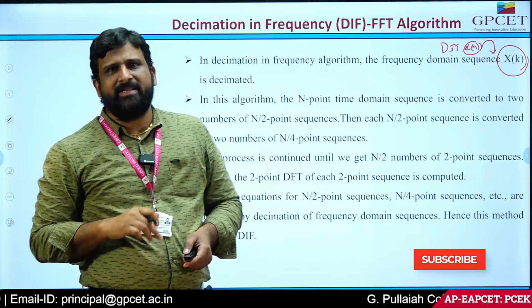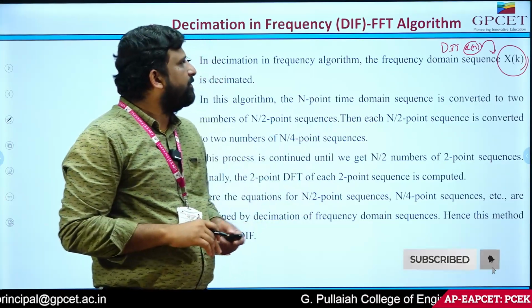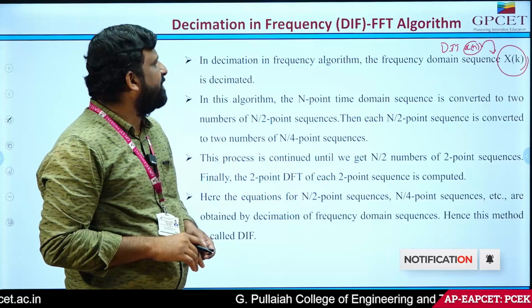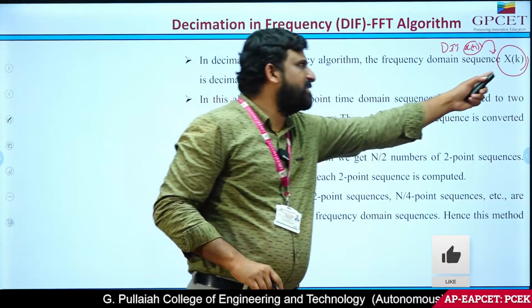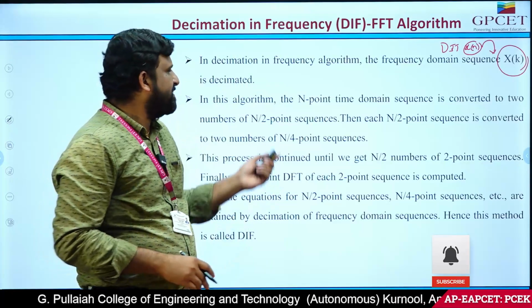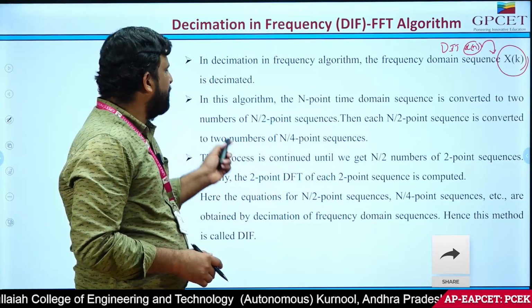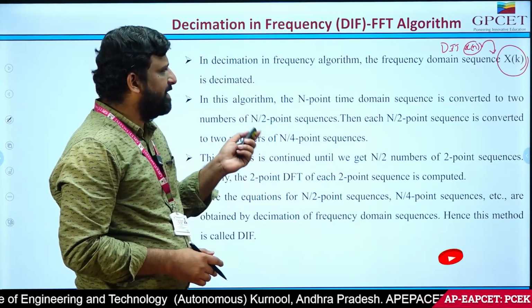In this topic, decimation in frequency, we are going to decimate the frequency domain sequence, which is capital X of k. The process will be similar, but with a small difference, which we will discuss in the upcoming slides.